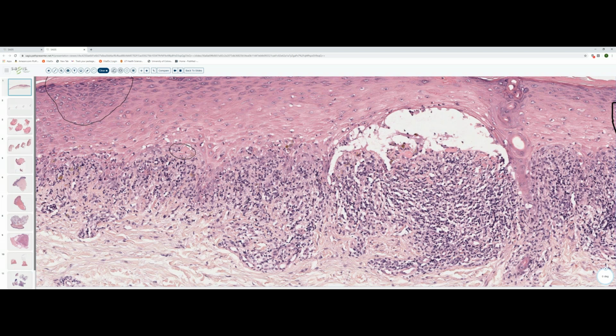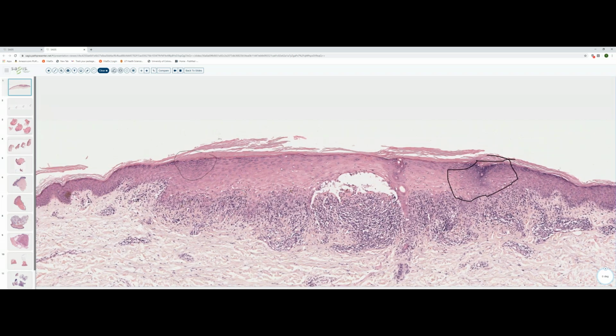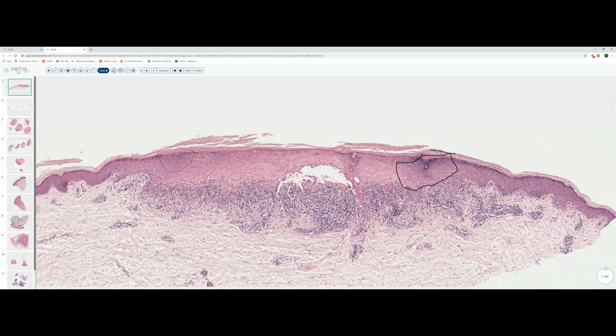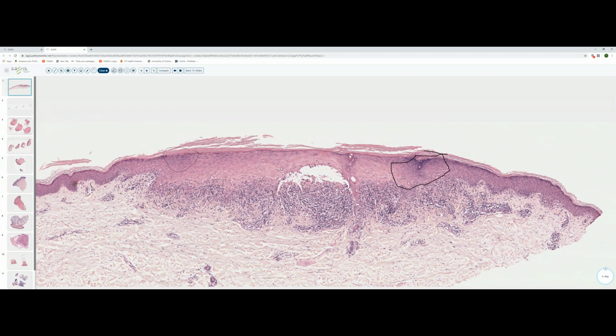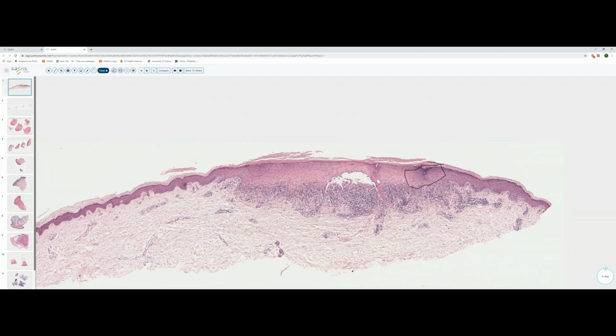Another item that enters into the differential is a benign lichenoid keratosis, or lichen planus-like keratosis. In those biopsies, one typically sees parakeratosis rather than just compact orthokeratosis. Because most BLKs represent one stage in the devolution of a solar lentigo or seborrheic keratosis, over at the edge of the specimen one can usually see remnants of a solar lentigo.